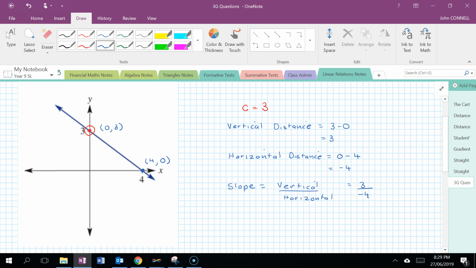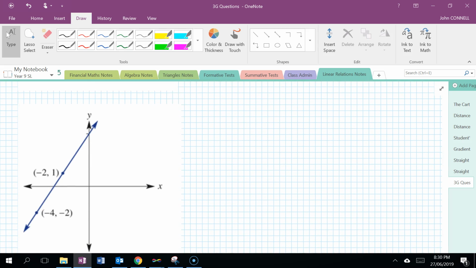And so then what that means is, well, one of our numbers is negative, so the whole number is going to be negative, so it's going to be negative 3/4. And therefore the equation of the line is y equals negative 3/4 x plus 3. That 3 coming from this value of c.